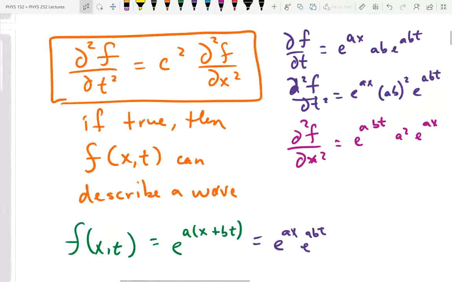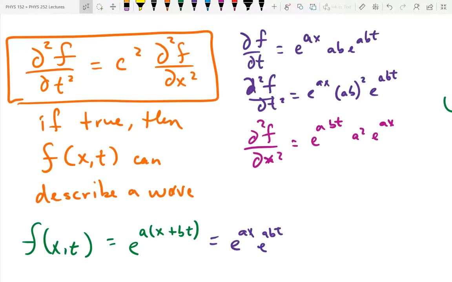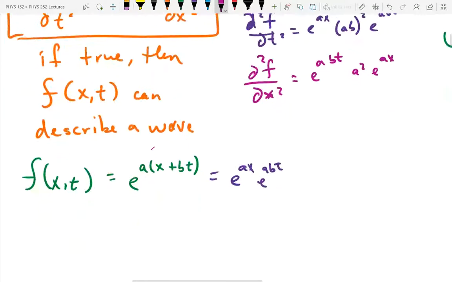So I come back here and say, aha, if it's x plus vt, that is b of the speed, then it's a solution. And in fact, any function of x plus vt is going to be a solution. Even though, what would this function look like? As let's say, as time progresses, you stay in one location, what would you see?